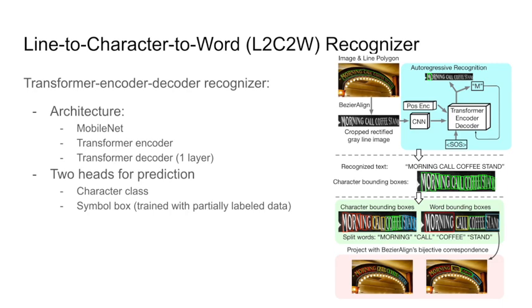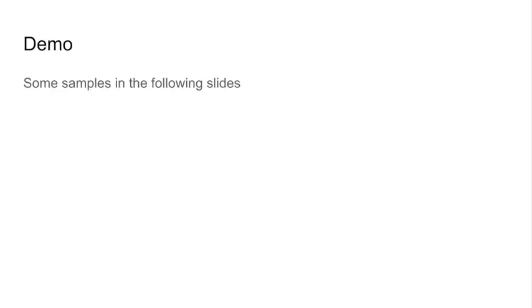We found that training the symbol head with only synthetic data is efficient enough for the model to also predict symbol boxes on real image data. Note that the vocabulary of our model includes a space character. In the post-processing, we use the space character to divide a text line into words.